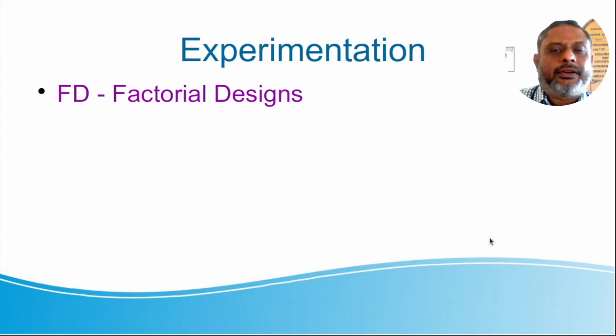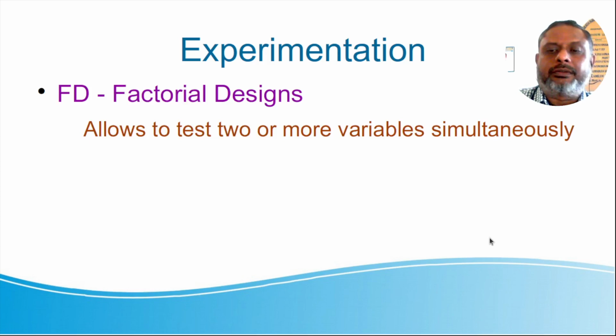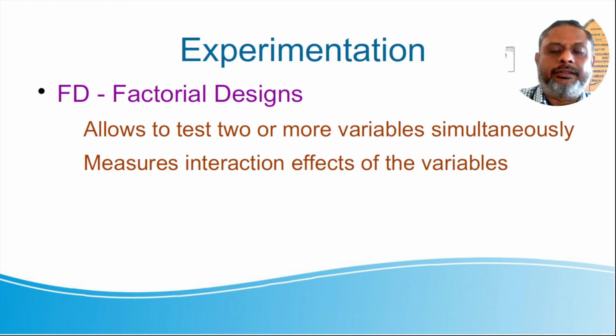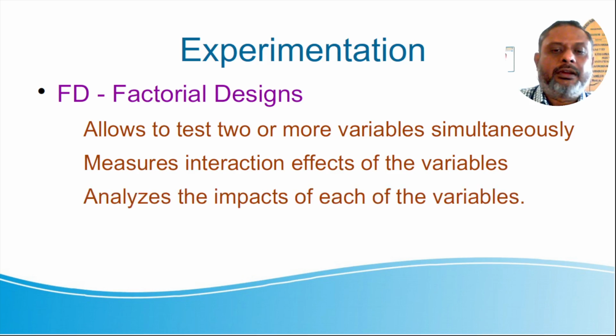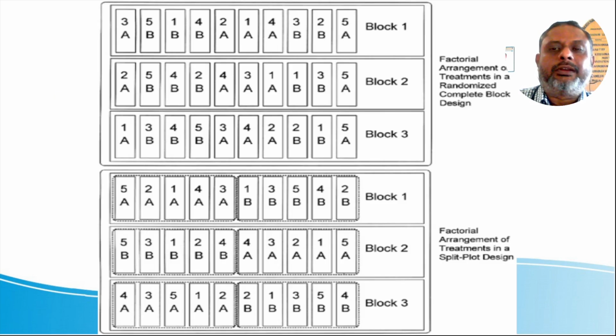The other one is a factorial design, which allows two or more variables simultaneously, measures interaction effects, and analyzes the impact of each variable. So here the whole thing is used in 3 blocks, and we can see that A and B are the two types of one variable, and 1, 2, 3, 4, 5 are the types of another variable.